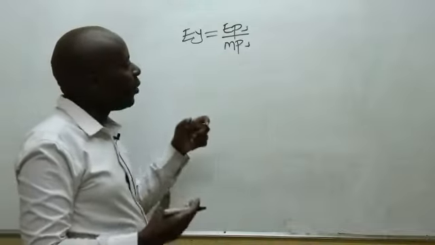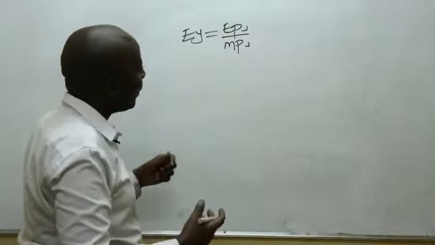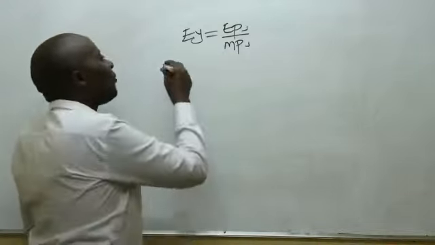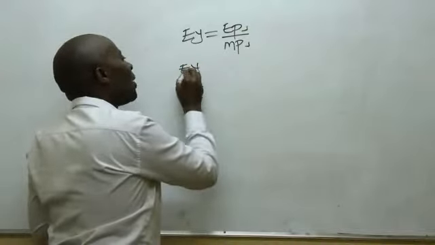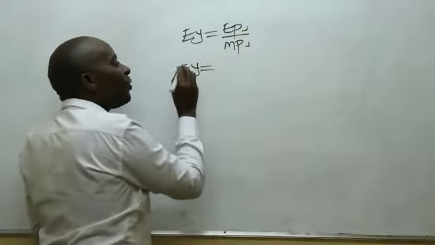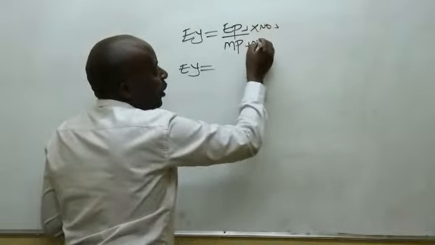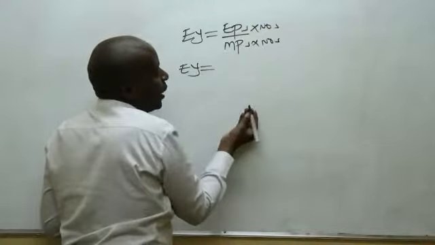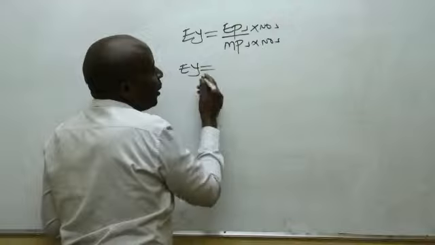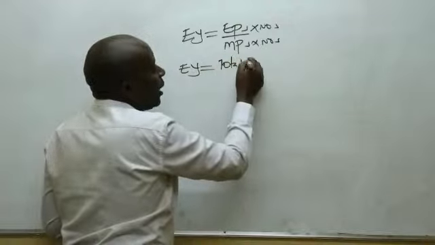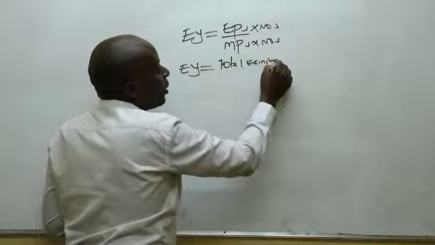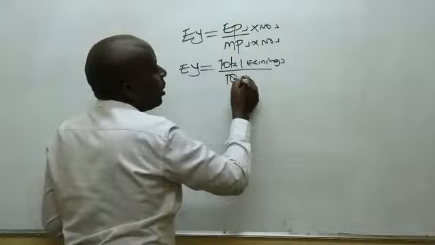But now they want total market value, and for us to get total market value, our earnings yield formula changes slightly. You multiply by the number of ordinary shares. Therefore, our earnings yield will be equal to total earnings over total market value.